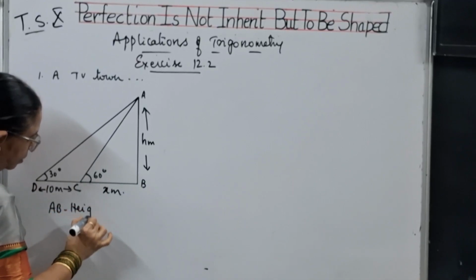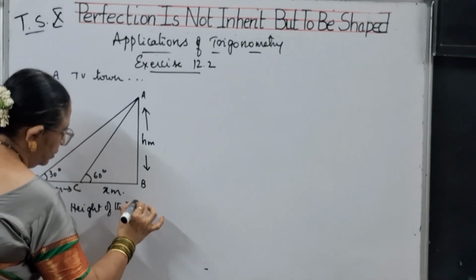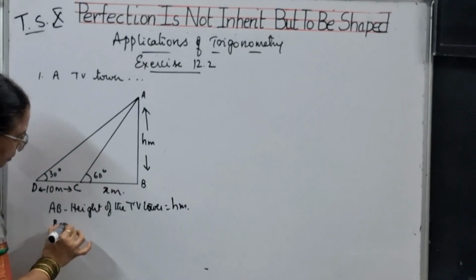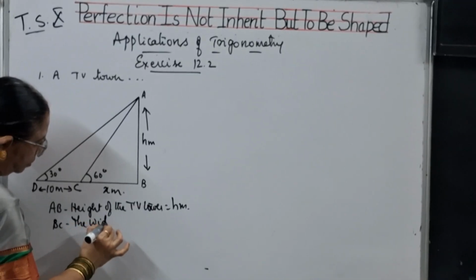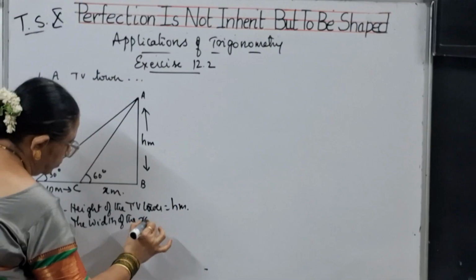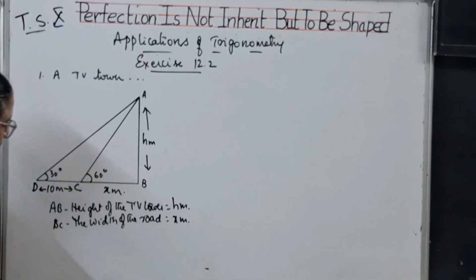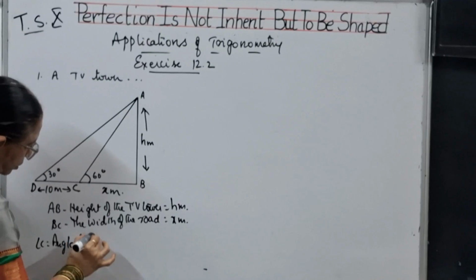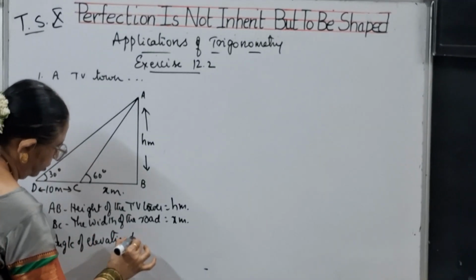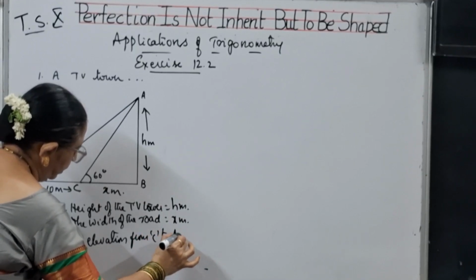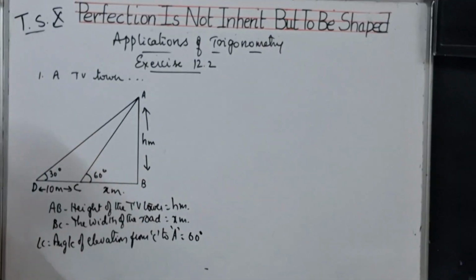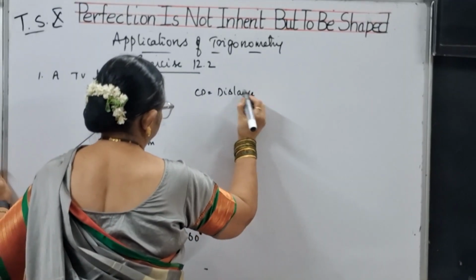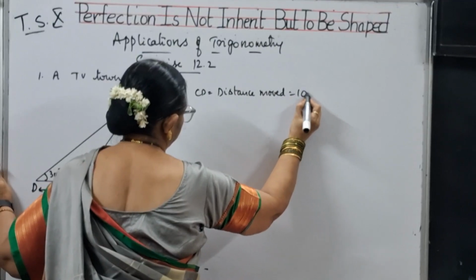AB is the height of the TV tower, that is equal to h meters, and BC, the width of the road, is equal to x meters, and angle C is equal to angle of elevation from C to A, that is equal to 60 degrees, and then CD is the distance moved, that is equal to 10 meters.